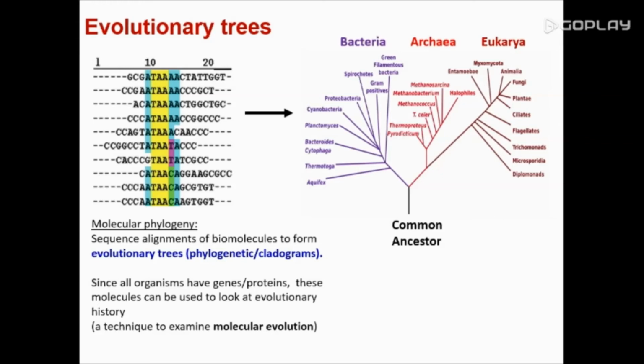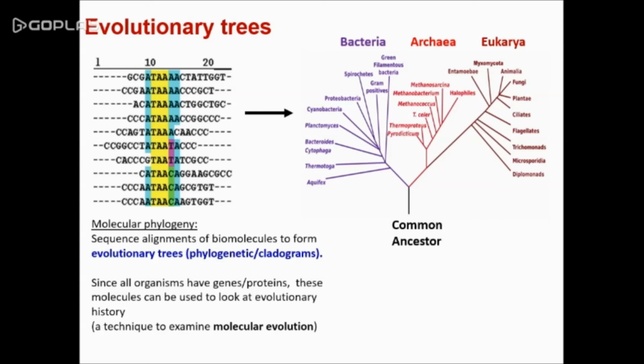And the branches in the tree indicate the different sequences that correspond to different species. So the closer together two species are in the tree, the more closely related they are.